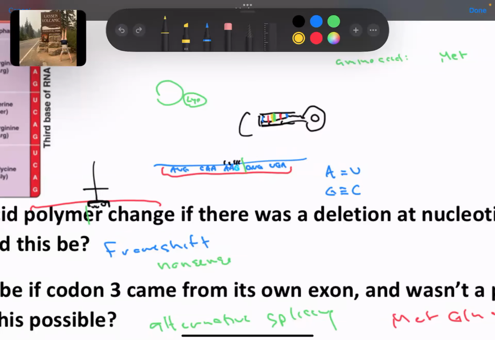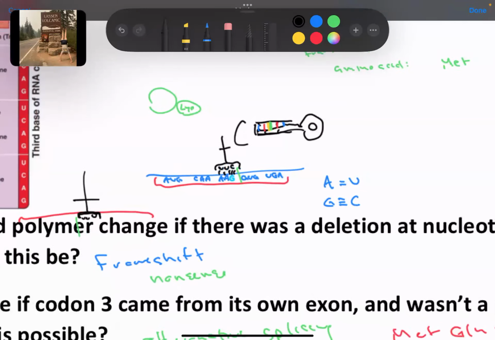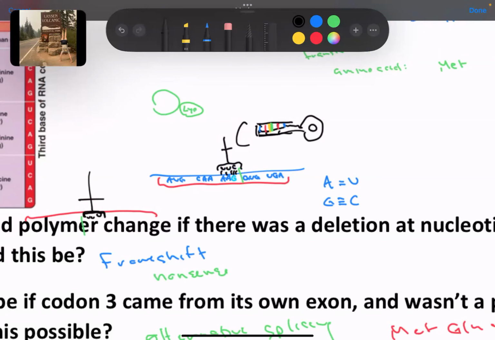This third nucleotide is less important for our tRNA's ability to bind our anticodons to it. That was a terrible explanation, but it permits this wobble effect that allows us to still insert the proper amino acid into our amino acid polymer that we need to make specific proteins.